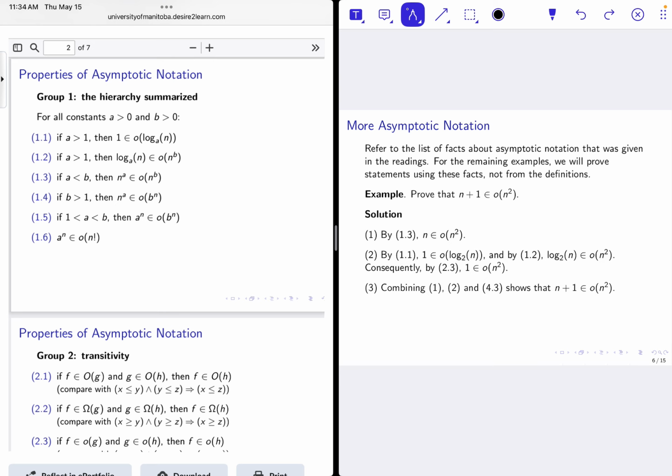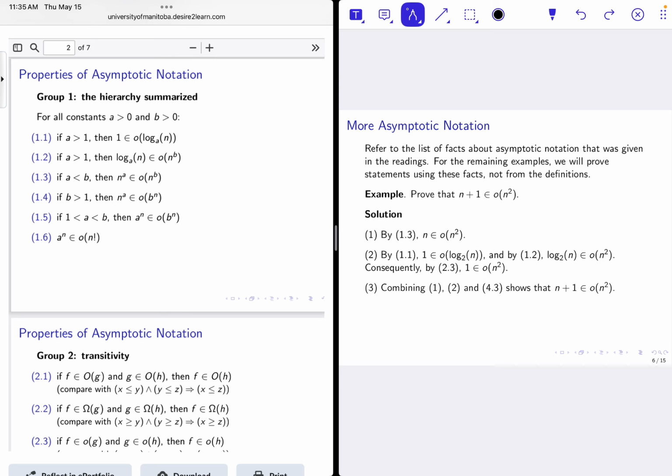And then we use fact 1.1 to show that a constant 1 is in little o of a logarithm. And then by 1.2, we take that logarithm and show that it's in little o of any polynomial. In this case, n squared, because that's the one we're looking at. So the constant 1 is in little o of that logarithm, which is in little o of that polynomial.